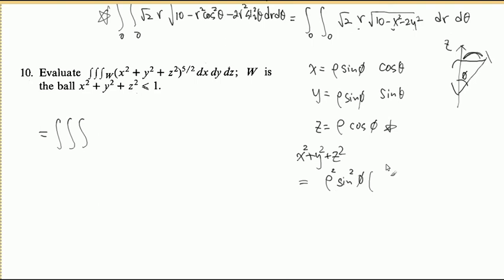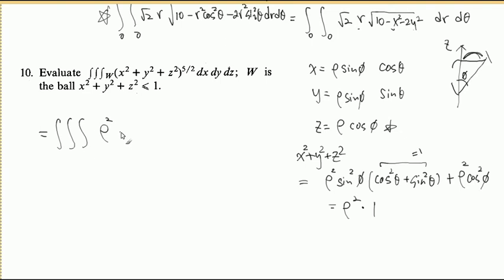This squared plus that squared is what we have for x squared plus y squared. And z squared is rho squared cosine squared phi, right? So that's 1. Then rho squared is common, and sine squared plus cosine squared of phi, again, is 1. So inside, just rho squared remains, right?